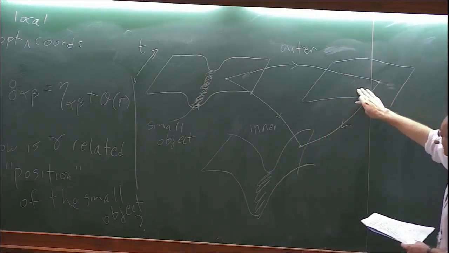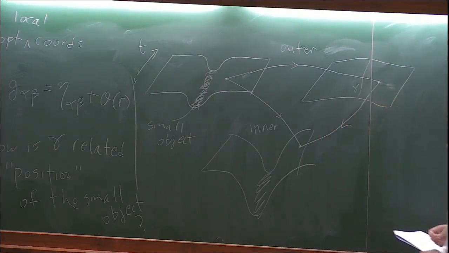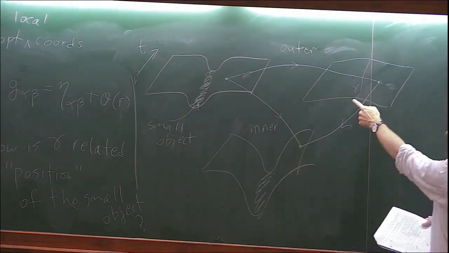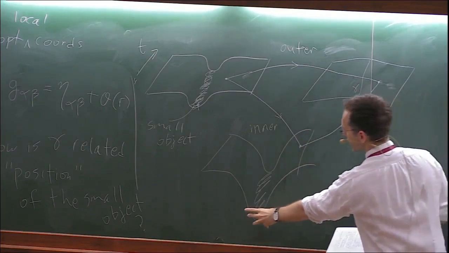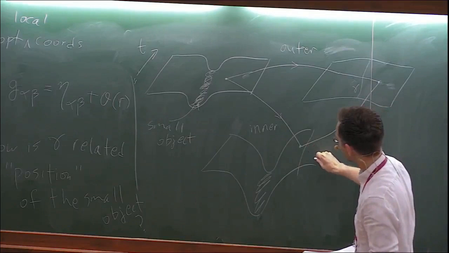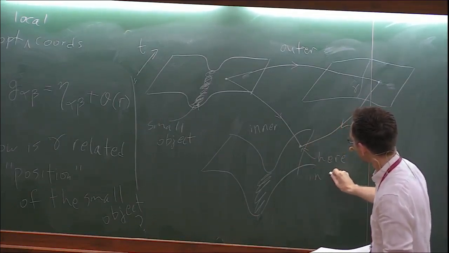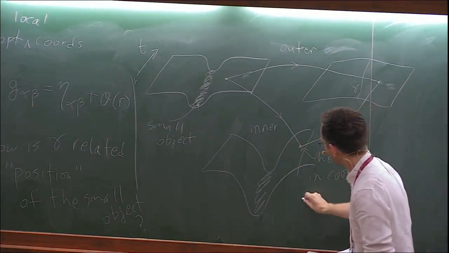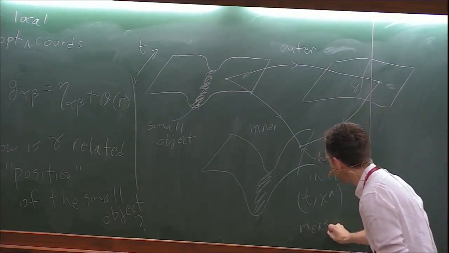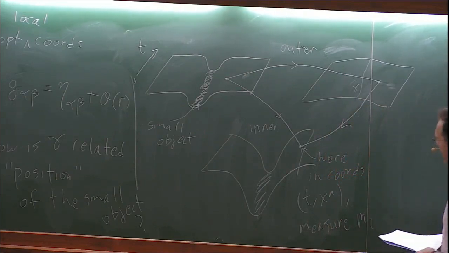So in here, we've put a curve gamma. Now, through this diagram, we're relating the position of that curve to the position of the object. So in particular, in the coordinates t, x, a, we measure the mass dipole moment, and we set it equal to 0.